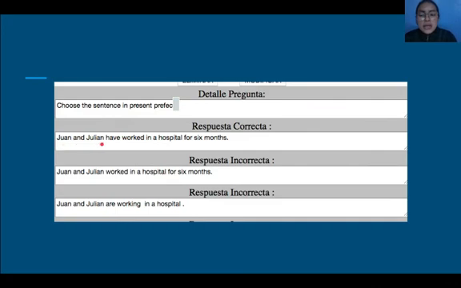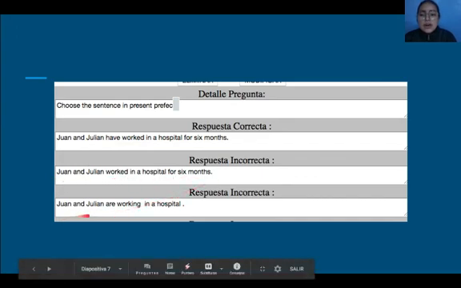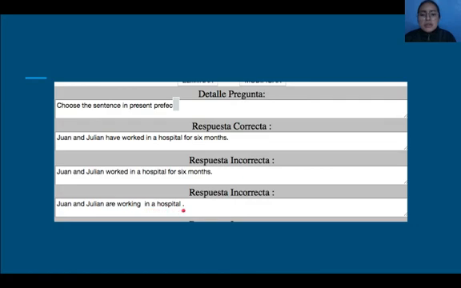Juan and Julián have worked in a hospital for 6 months. Juan and Julián work in a hospital for 6 months. Juan and Julián are working in a hospital. Number one is correct. Why? Because in present perfect you have to use the auxiliary has or have.